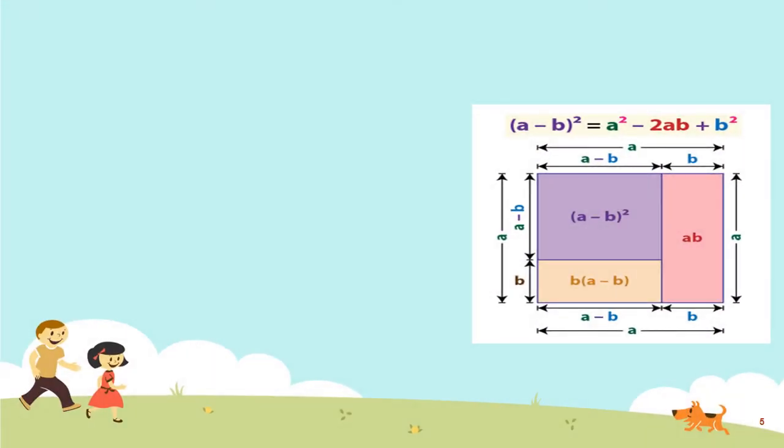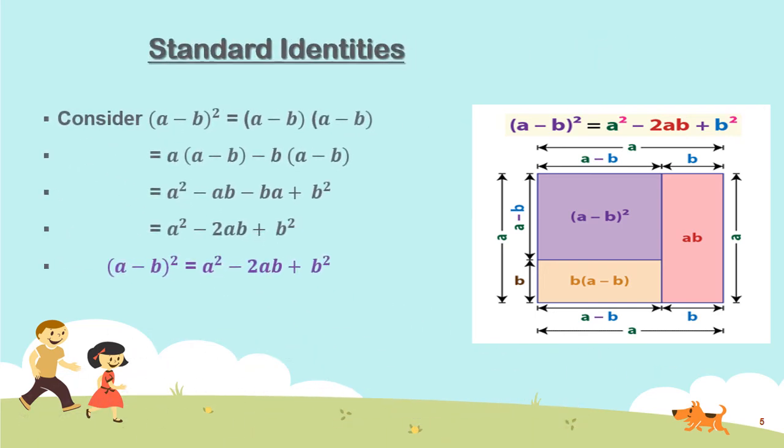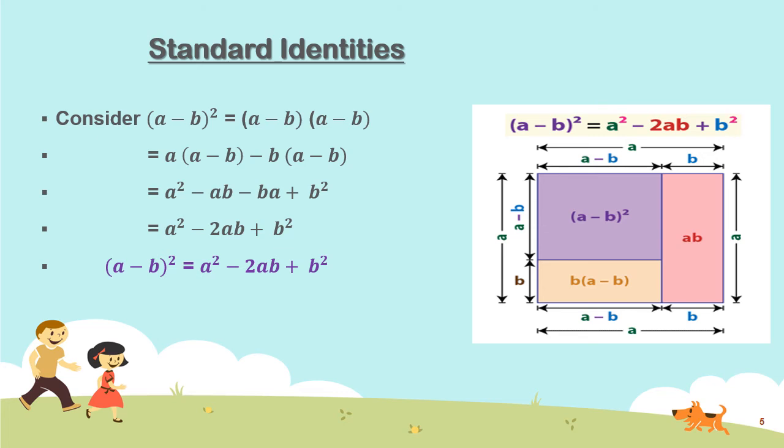Now let us see the second identity, which is nothing but a minus b the whole square equals a squared minus 2ab plus b squared. This one is also a standard identity. As we know the multiplication of binomials, we can write a minus b the whole square equals a minus b into a minus b.